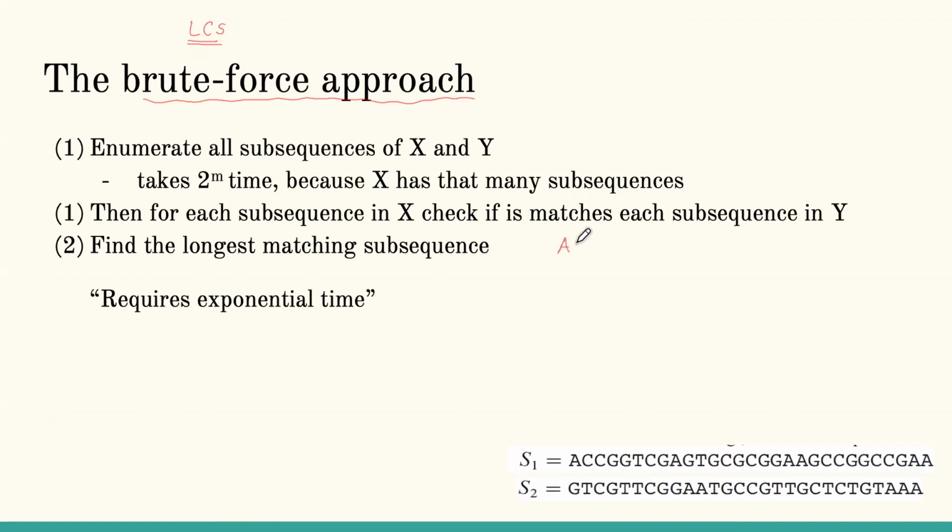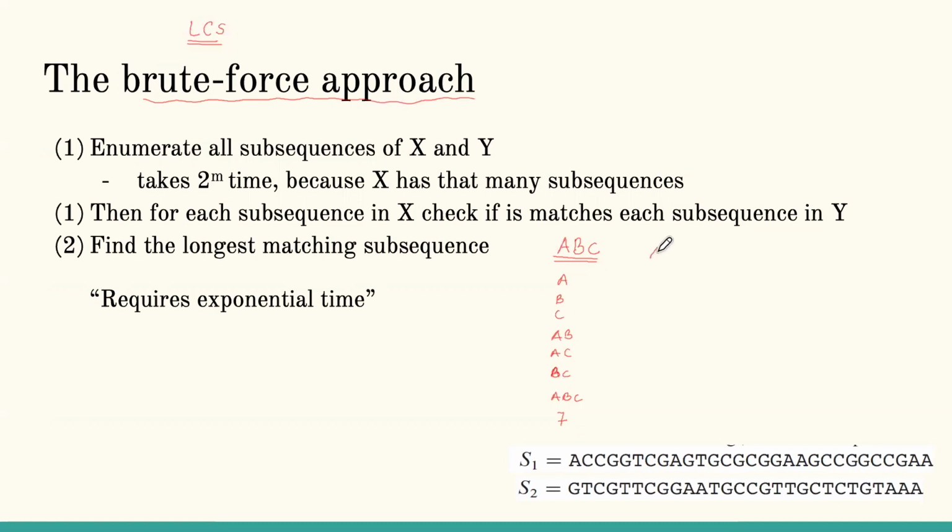Say I have a sequence of length 3, A, B, C. The possible subsequences are A, B, C, those are three possible subsequences. AB, AC, and BC are three other possible subsequences. And then ABC itself is another subsequence. So we have 7 subsequences here.